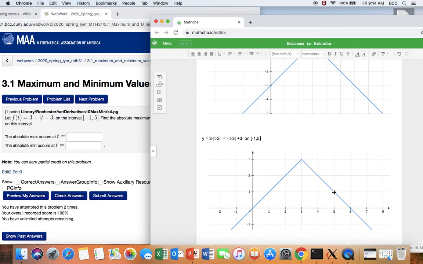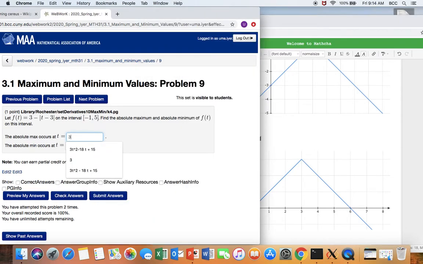All right. Now looking at this graph, the absolute maximum occurs at t equals. So obviously, if I start from here, go up, go up, go up, this is the maximum. And that happens when t is 3. All right. And the absolute minimum.